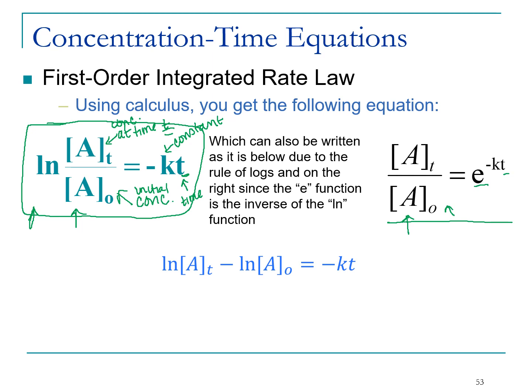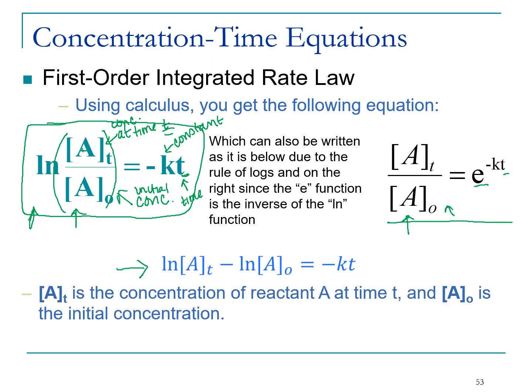And believe it or not, this equation right here is also the same, just written in a different format, because if you take the natural log of a ratio, it's the natural log of the numerator minus the natural log of the denominator. This is the natural log of the whole thing. So any 3 of these can be used to solve an equation. Use the one that seems the easiest for you to solve.